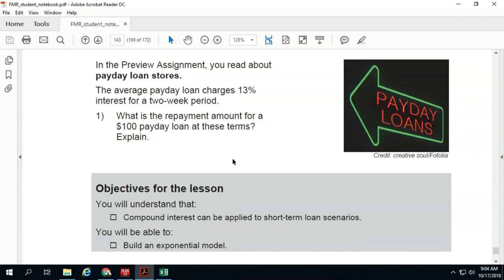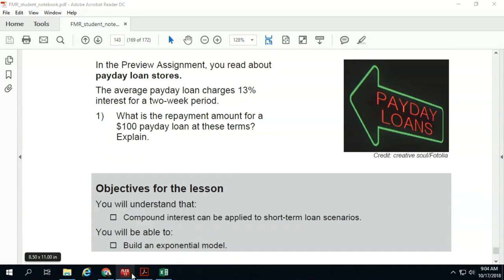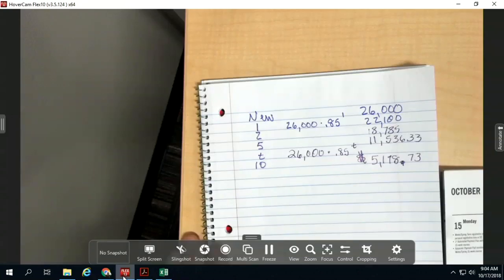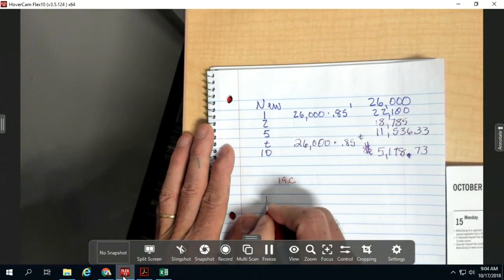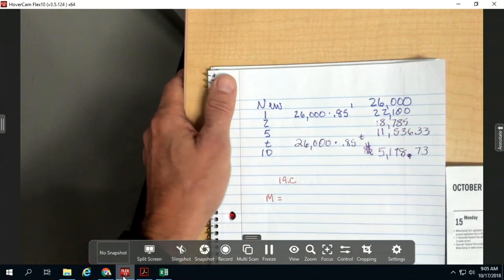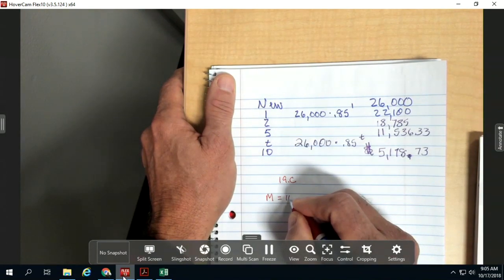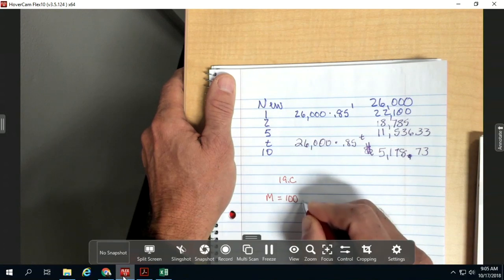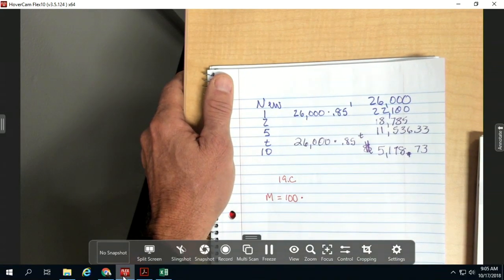Okay? So let's write down the parts of our formula so that we can see how that relates to what we're doing. We're on 19C. The maturity value will be principal. How much? $100 times... remember how we did interest?